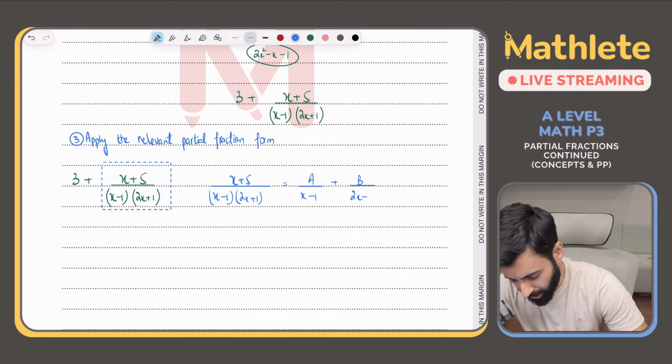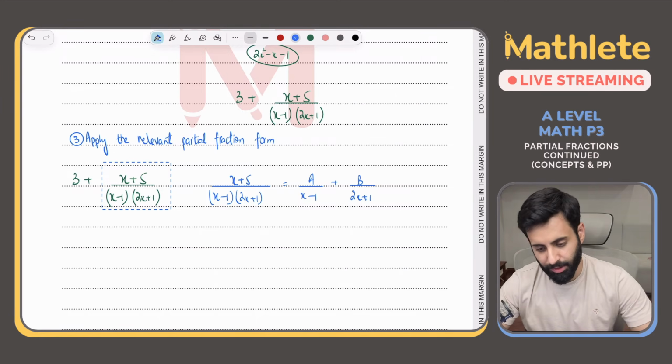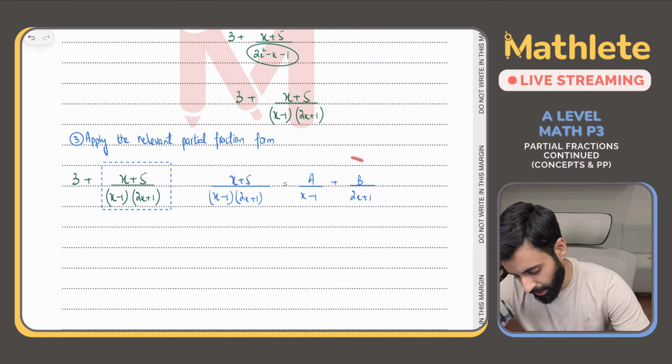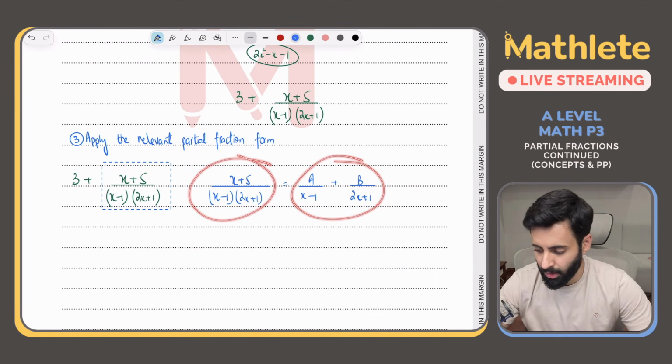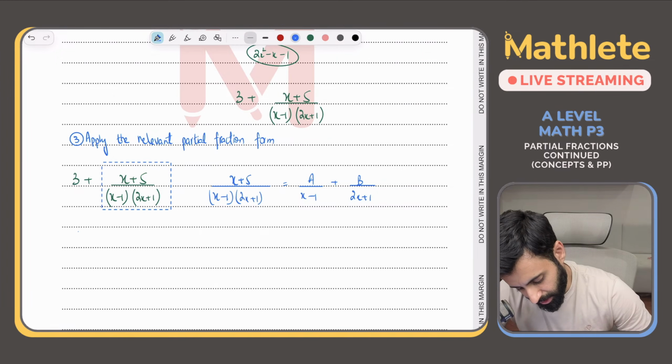The good thing about long division is that the only part you may find new is the long division, because once you're done with it, it turns into one of the three forms that we already know. So this can be written as a into 2x plus 1 plus b into x minus 1, which is equal to x plus 5.